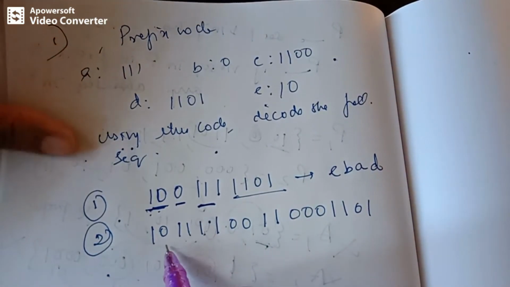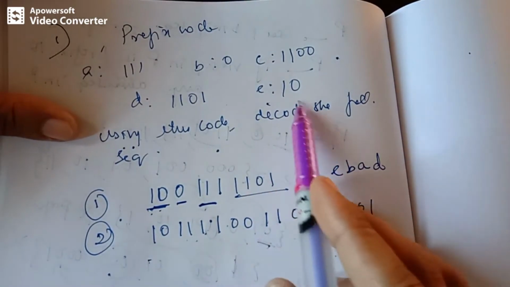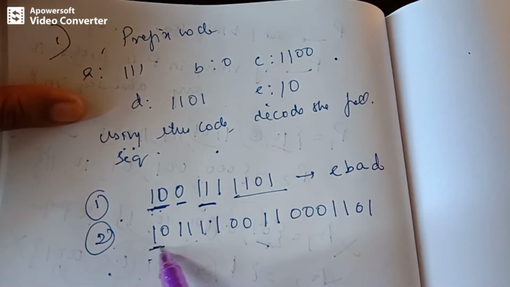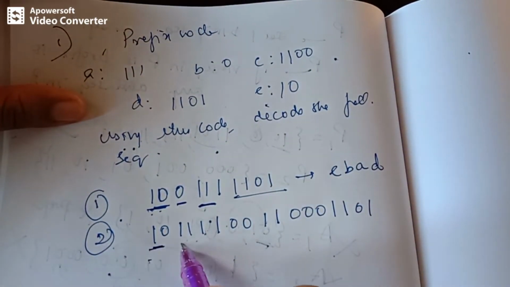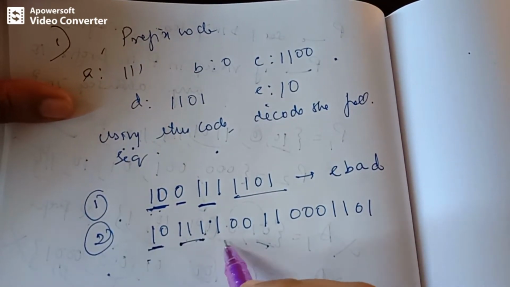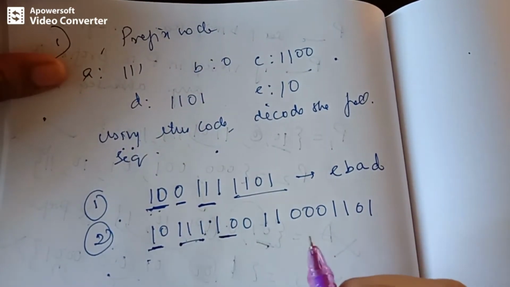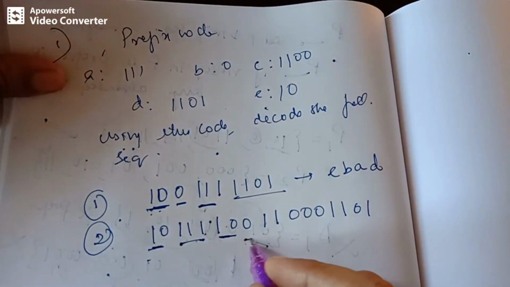Next, we'll observe the second sequence. See, 1011. We do not have any such code. Instead, we are going to split like this: 10. Then we can have 3 ones. Then 10. We can have again 0 separately.